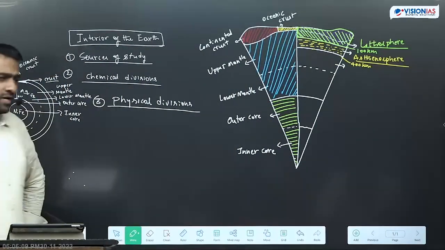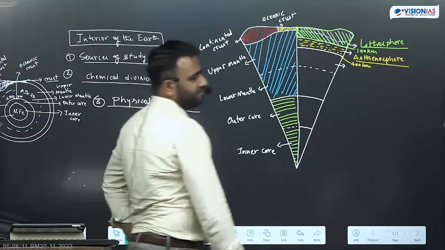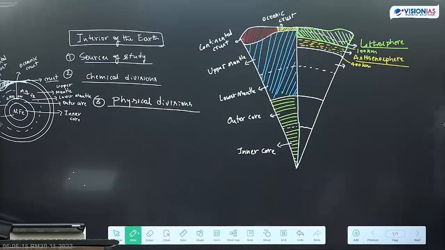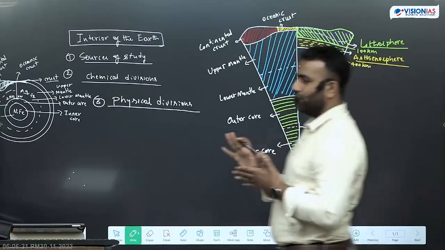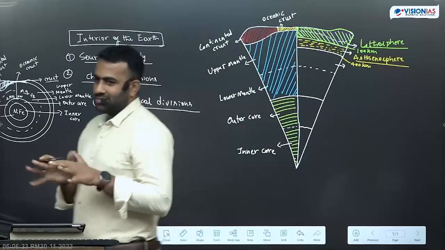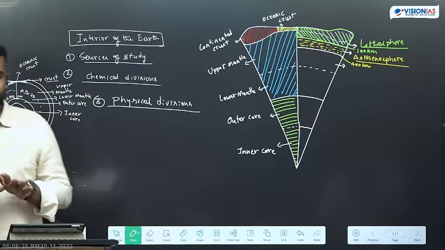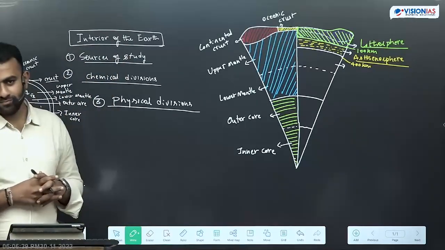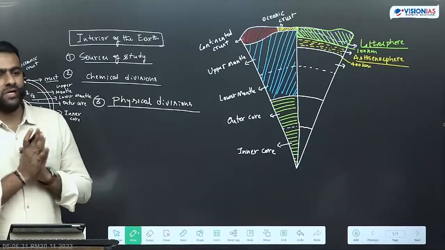It is not completely solid, not completely liquid. It is semi-solid, semi-liquid in nature. Like plastic, it undergoes deformation under pressure. Give a little pressure, press it, and it will deform a little. It is in between. So that layer is called asthenosphere.